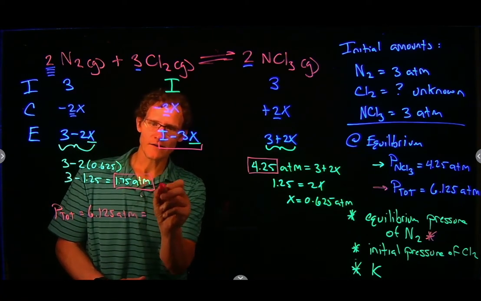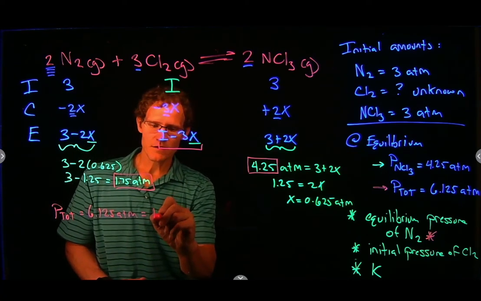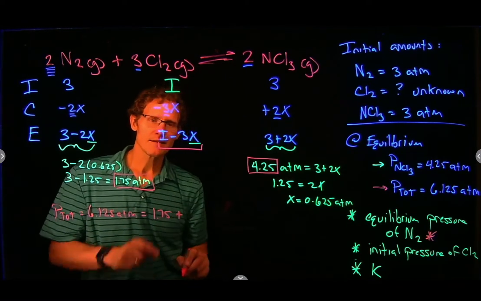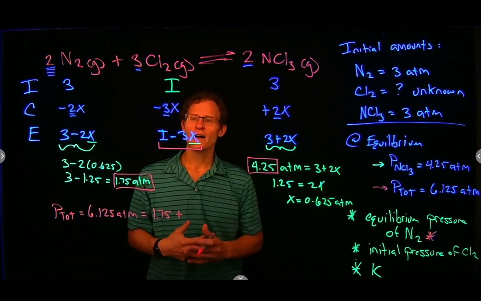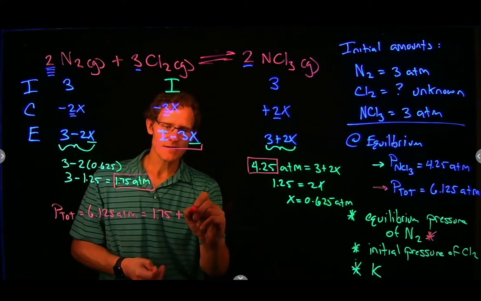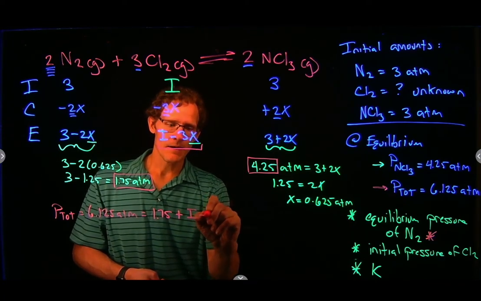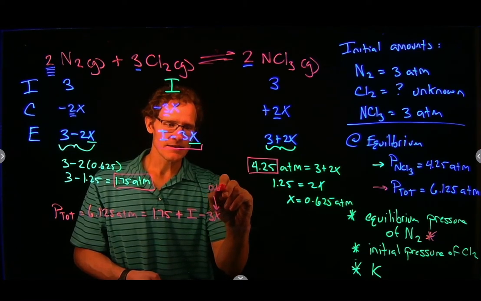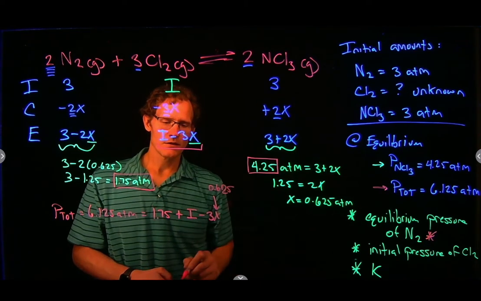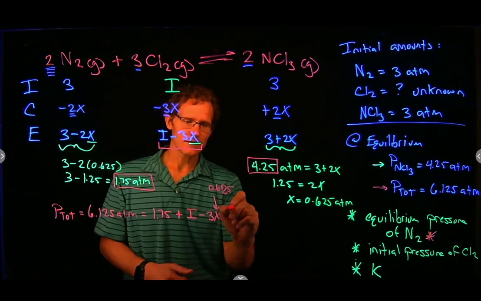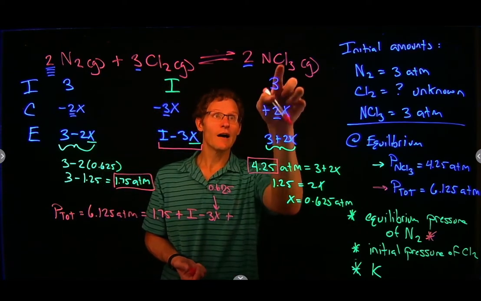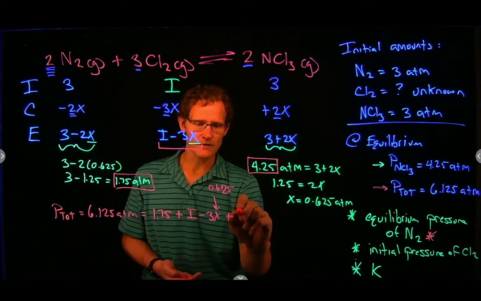We've already figured out it is 1.75 atmospheres, plus the equilibrium pressure of chlorine, which in this case is I minus 3x. We do know that x is 0.625, so we can get rid of the x in a second, plus the equilibrium pressure of our nitrogen trichloride, which is 4.25.